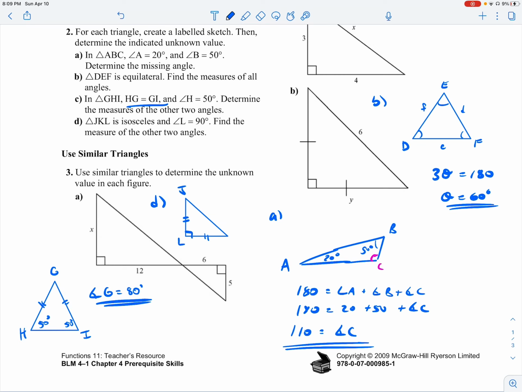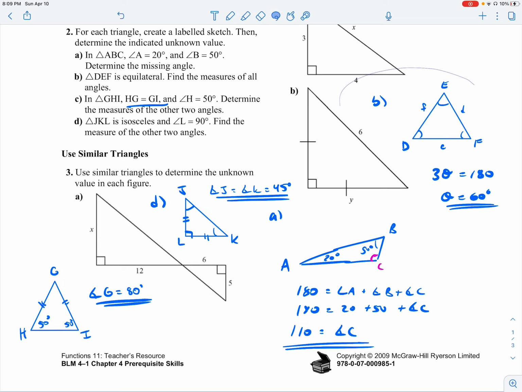We could probably call this JKL, like that. What are the other two angles? Remember, if these are equal side lengths, opposite to them are their angles. So these angles have to be equal. They must both be 45. Angle J equals angle K, which is equal to 45 degrees. So this is a kind of special right angle triangle. It's a right angle triangle because it's 90 degrees, but it's also isosceles because the side lengths are equal.